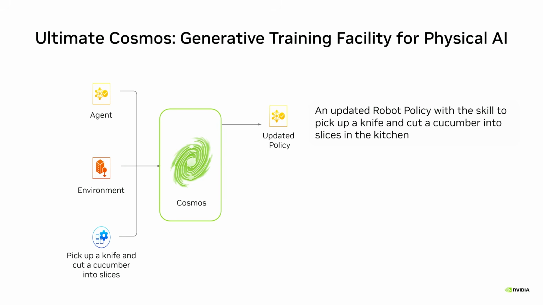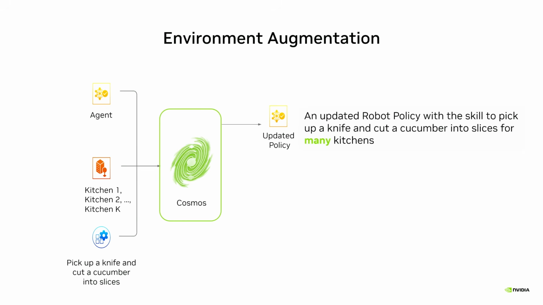And if you are coming from a machine learning background, you know that one way to make a model more powerful is augmentation. We can start with environment augmentation. Instead of that one kitchen, we can have K kitchens. When K becomes large, the updated policy is going to be able to work in many kitchens, even unseen kitchens, generalized. And you can also augment the task.